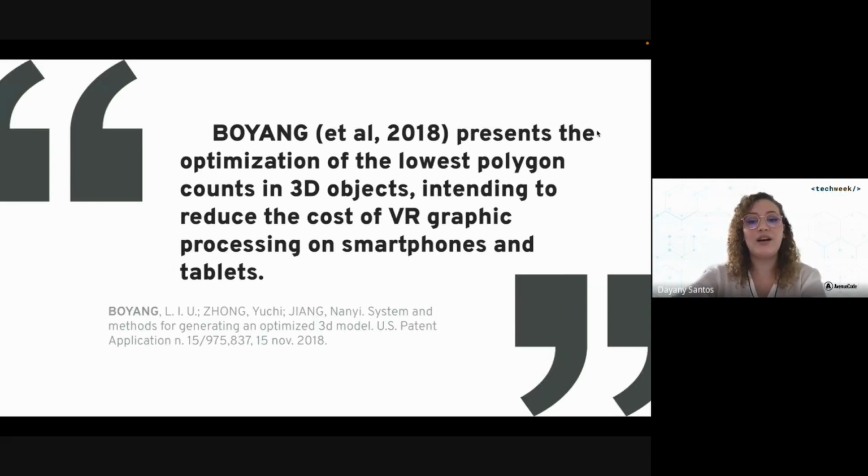Young, in his article, System and Methods for Generation of Optimized 3D Model, presents the optimization of the lowest polygon counts on 3D objects, intending to reduce the cost of VR graphic processing on smartphones and tablets.